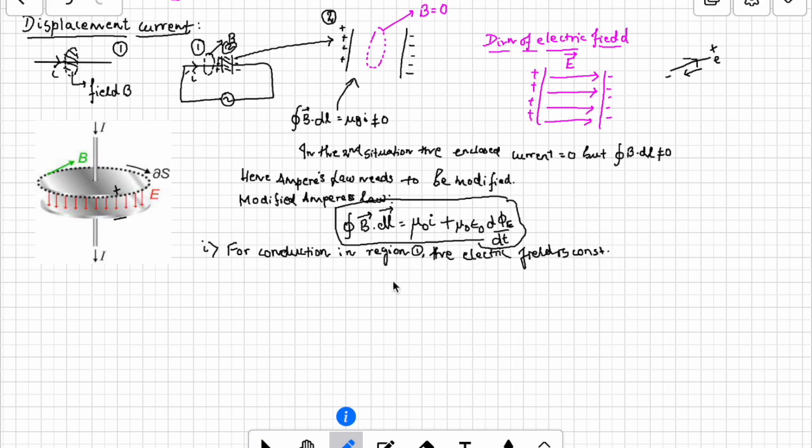So if the electric field is constant, then we can simply say that d of phi E dt is equal to 0.